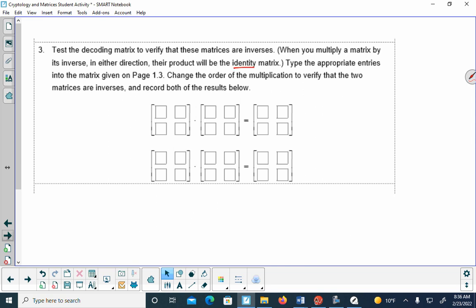Just to remind you, that identity matrix is 1, 0, 0, 1, if I'm talking about a 2 by 2.